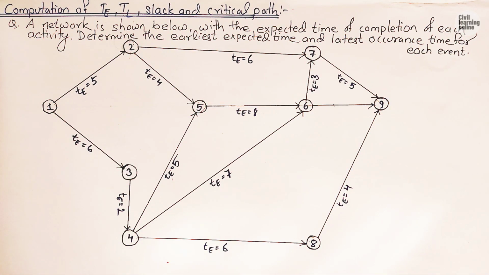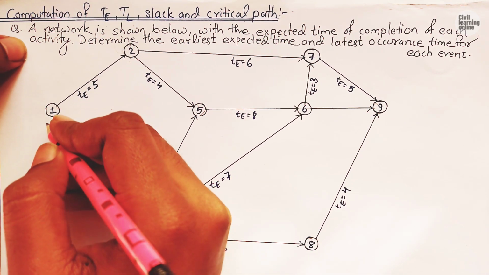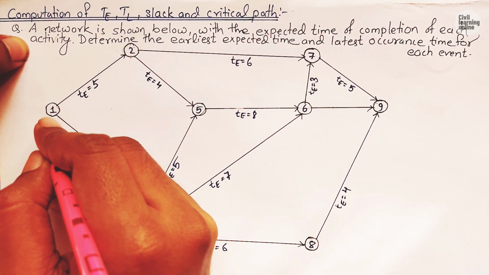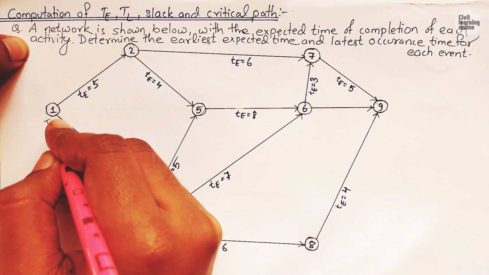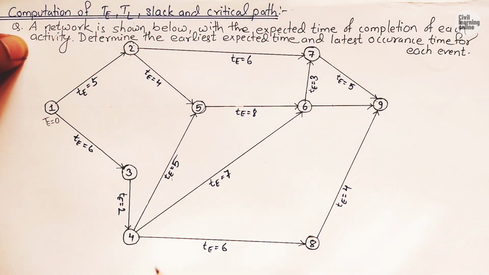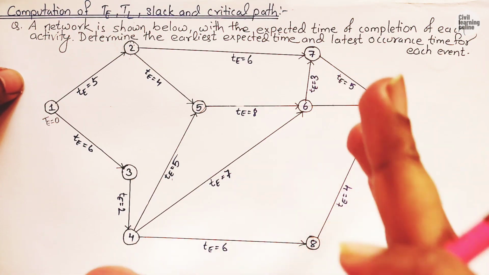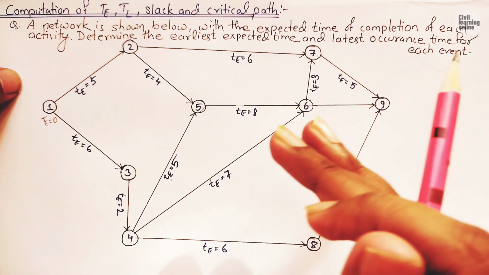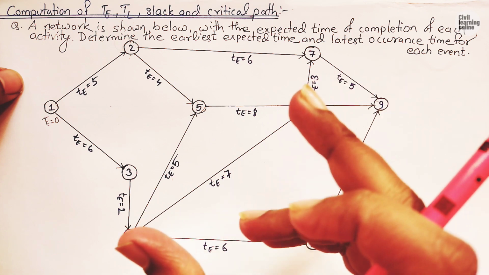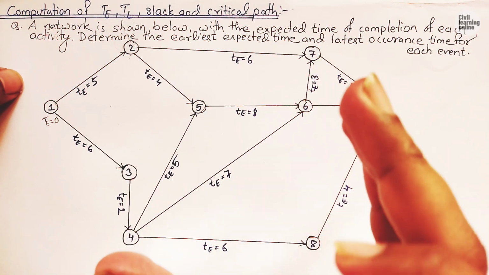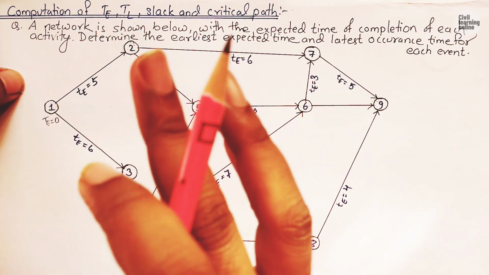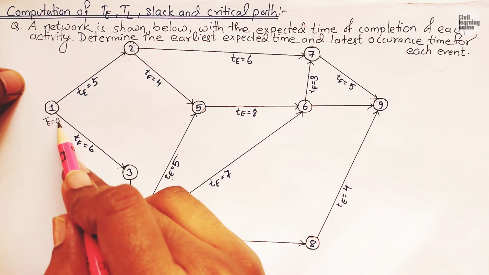So as I already told you in the previous video, the earliest expected time in the first event is taken as 0. So here we will write it as TE equals 0. Now I have also mentioned that the earliest expected time will be the maximum over all the paths when there is a complex network. So we will begin with TE equals 0.